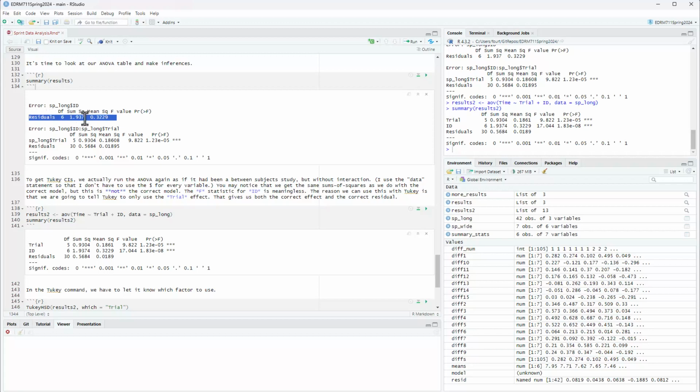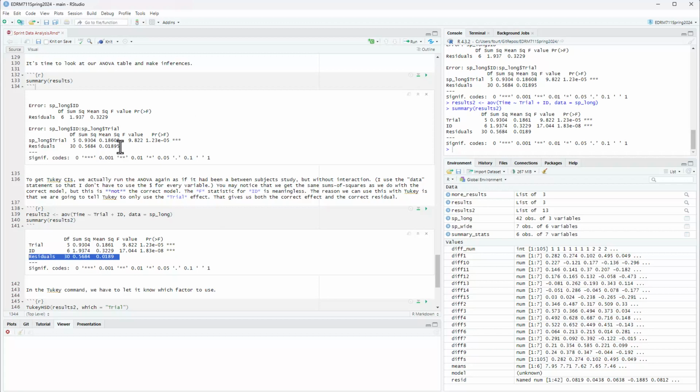Look at the sums of squares. Look at the degrees of freedom. 6 degrees of freedom, 1.9374. 6 degrees of freedom, 1.9374. So really this piece should not be in our ANOVA table. However, because it has been taken out of the residual, even though it's falsely identifying it as a testable factor, it has been taken out of the residual so that our residual is correct.